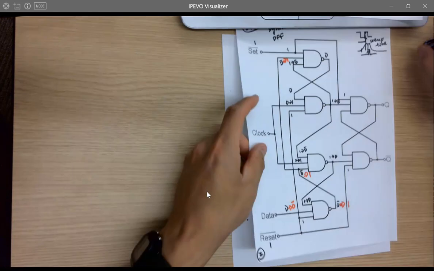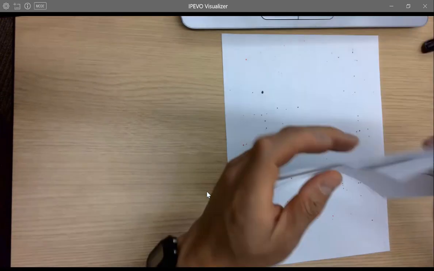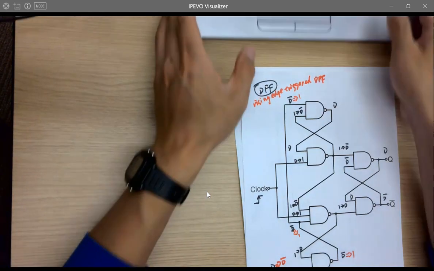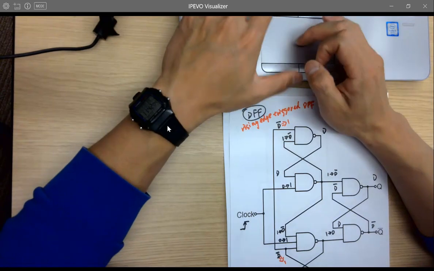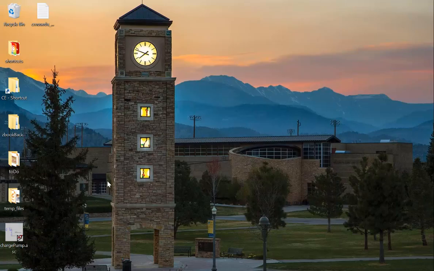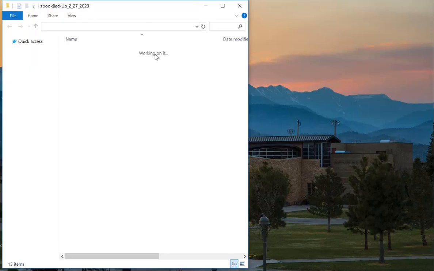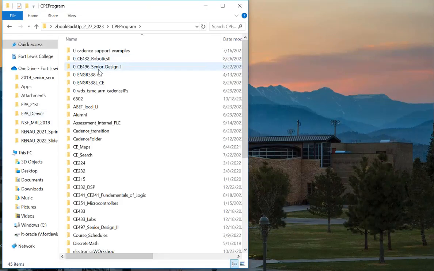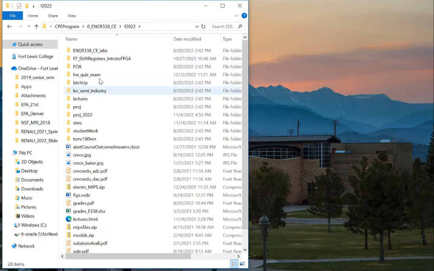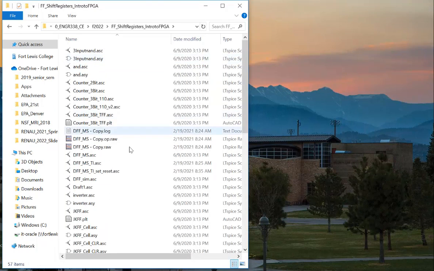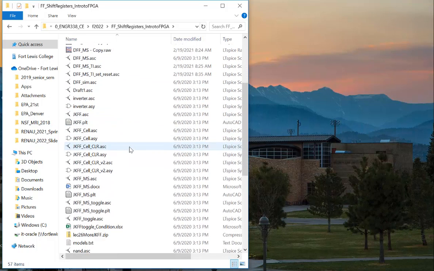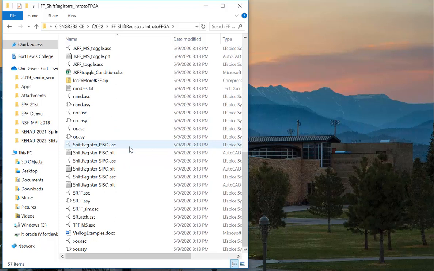Next, we are going to run some simulations, starting with the very simple D flip-flops and moving to the complicated ones. Let's see, I think I have it here. Let's do the SR latch first.